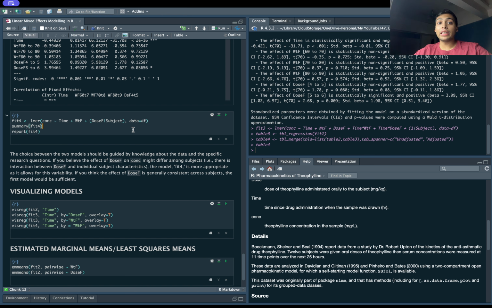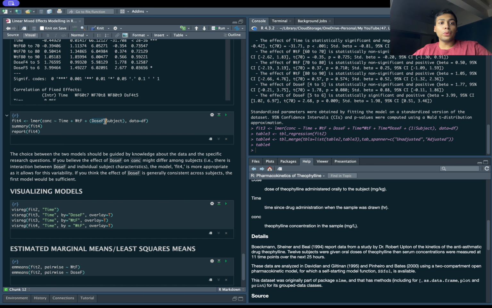For example, if you give individual A doses 3 to 4, 4 to 5, 5 to 6, and you have reason to think he or she will process each dose differently, for example, the dose between 5 to 6 will reduce the concentration drastically, the rate of concentration decrease will be steep, and between 3 to 4 the slope will not be too much, that is, the rate of theophylline reduction in the blood will not be too much, then because you think that each individual metabolizes or processes each dose differently, you could potentially use something like this.